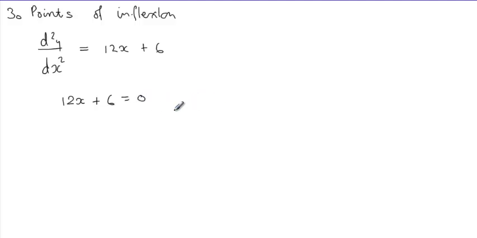And this tells us that 12x is equal to minus 6. Therefore, this must occur at x equals minus half.